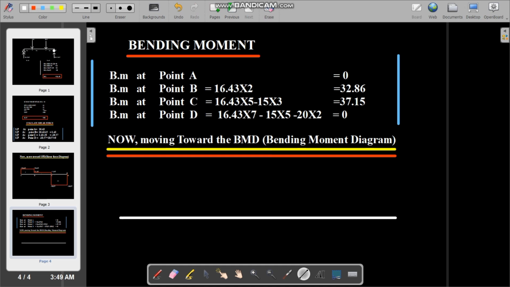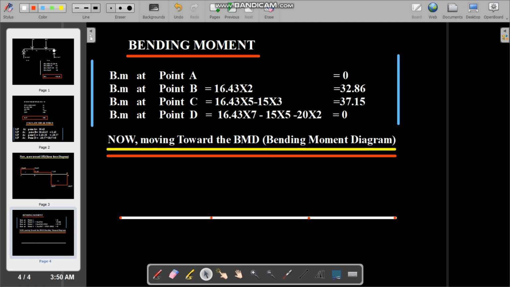So here, I just draw the line which is called a beam, and here I just pointed out the dots, that is the points A, B, C, and D for your easiness.